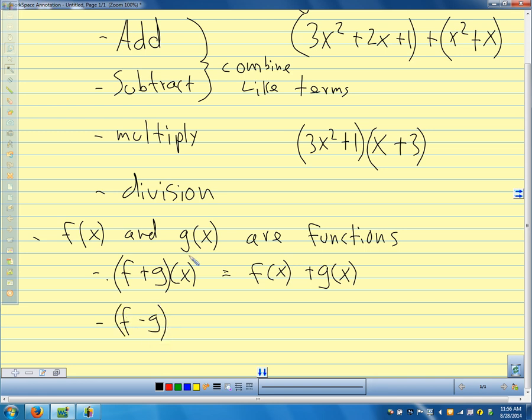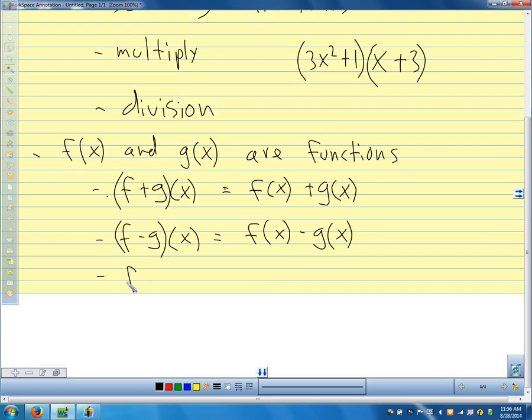Sometimes the x won't be there, it'll just say f plus g, and they're just saying add those two. f minus g of x is just f minus g. And when we multiply, our notation for multiplication, we say f times g of x, and that's saying multiply those two together.